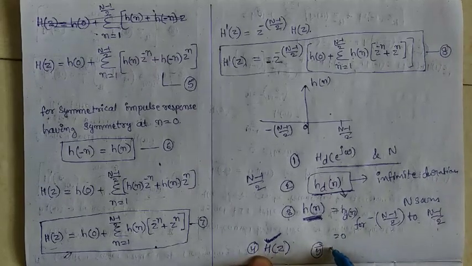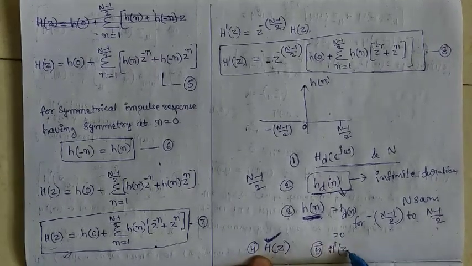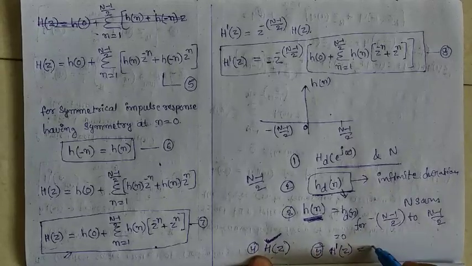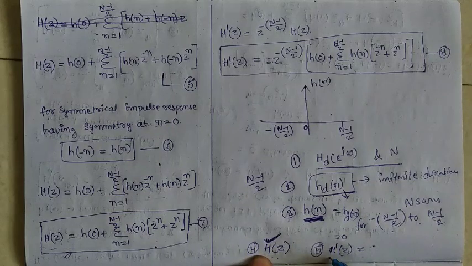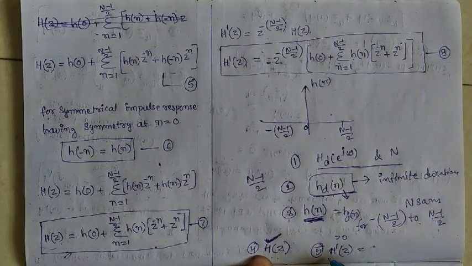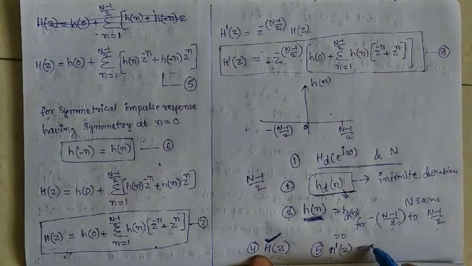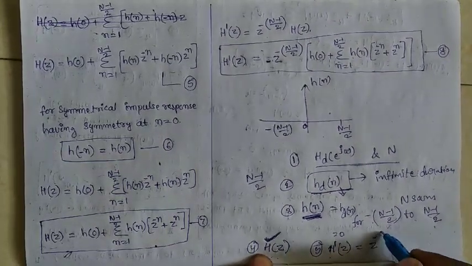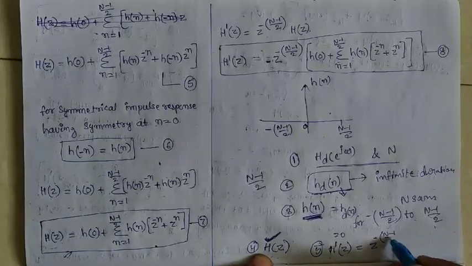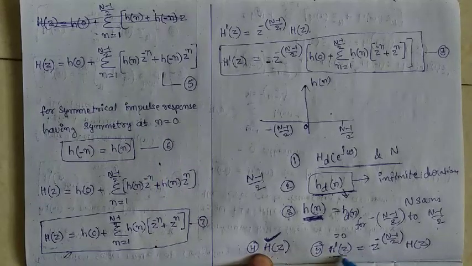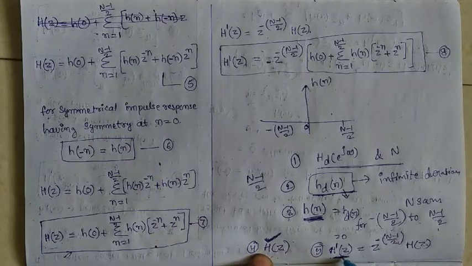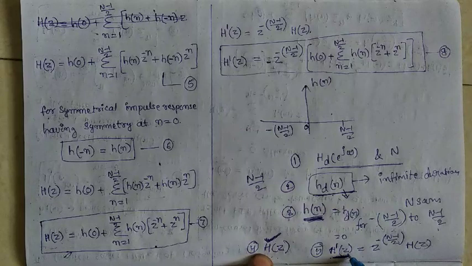How to obtain? Here we are determining H dash of z. How to determine H dash of z? Here we are multiplying this H(z), means we are obtaining a causal system or physically realizable system. This can be obtained by multiplying H(z) with z power minus (N minus 1) by 2. This is the transfer function of FIR filters using the Fourier series method.